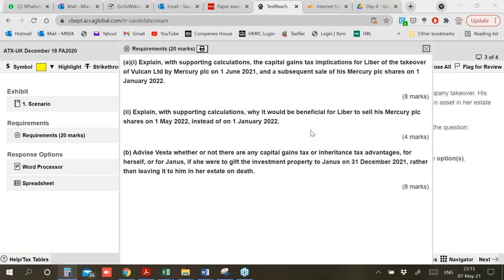Fall in value relief means that if you have received an asset as a donee from someone and they have now died and that asset has become chargeable, so you now have to pay the IHT, you can claim fall in value relief from HMRC, because the asset has fallen in value. HMRC will let you reduce the value of the asset to the value it has fallen to at death.